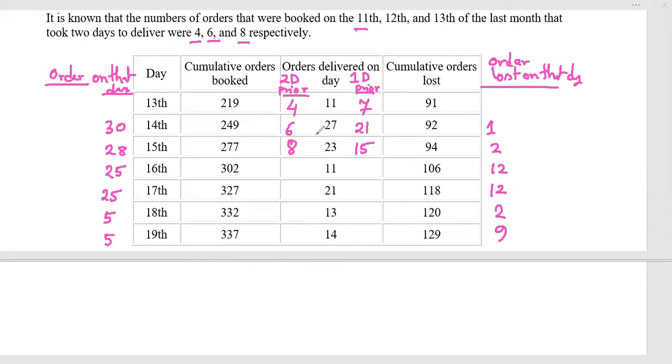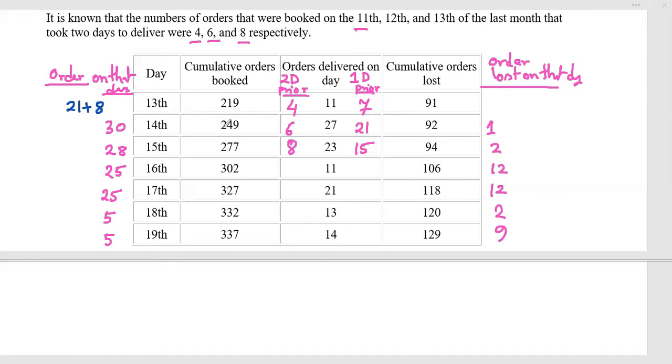First of all, on the 13th, how many orders were booked? I can find that the 13th order which has been delivered on the 14th is 21 and on the 15th is 8. So basically this 13th order is 21 plus 8, these two are present.